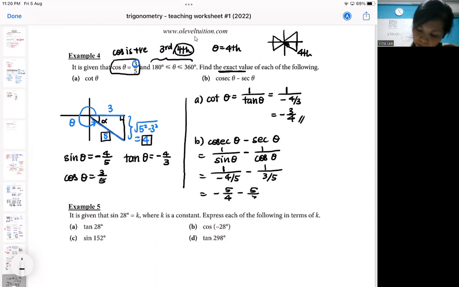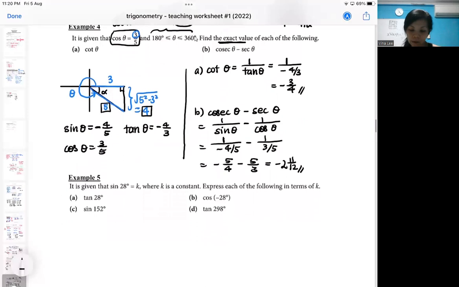You will get minus 5 over 3. So at this stage, then you punch calculator. So we draw a triangle based on the quadrant that they are in. The moment you decide wrongly, your triangle is wrong and your sign will be wrong as well.